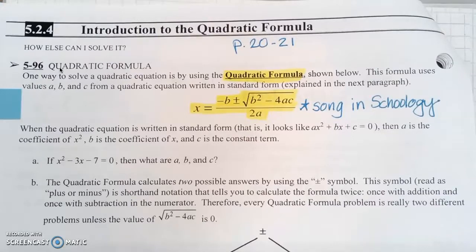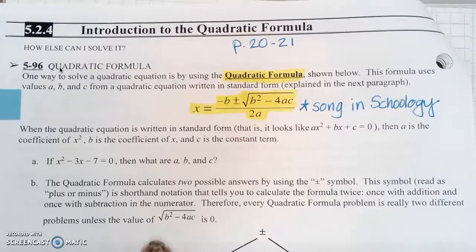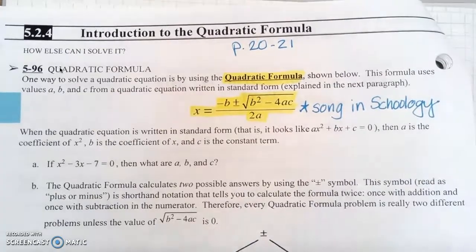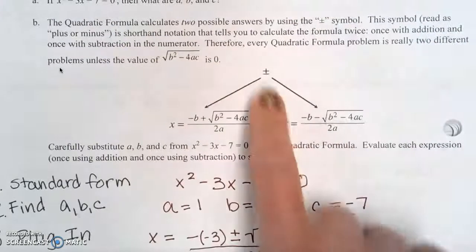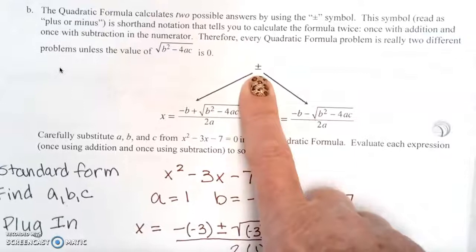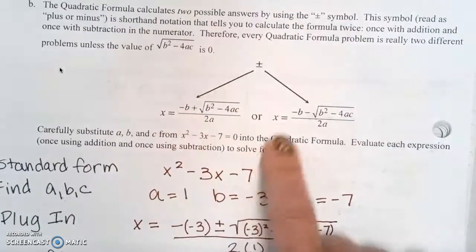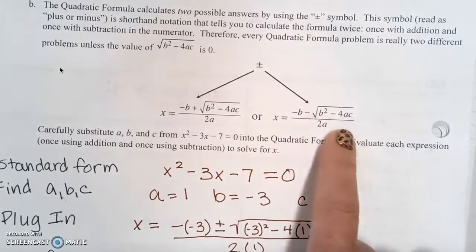Therefore, every quadratic formula problem is really two problems, unless the value of b squared minus 4ac square rooted is equal to 0. Okay? So since you have the plus-minus symbol, it means once with addition and once with subtraction.